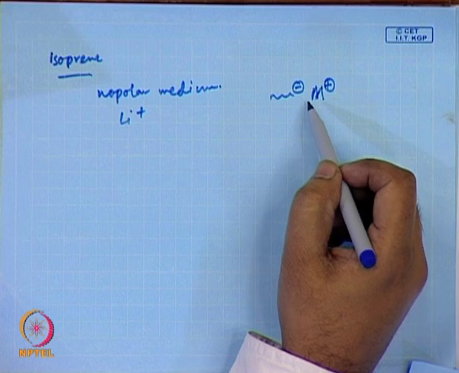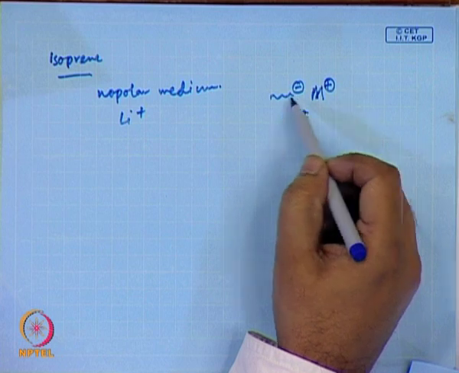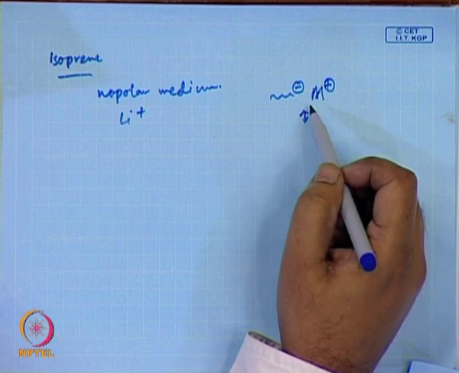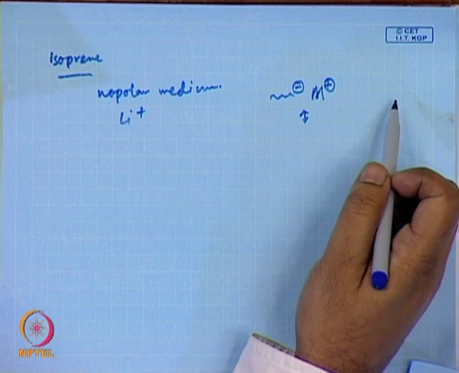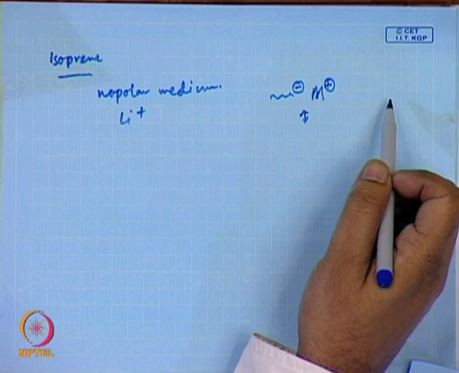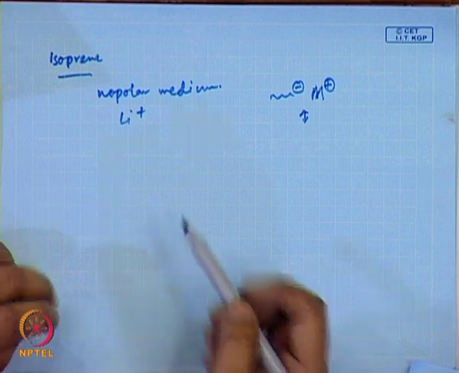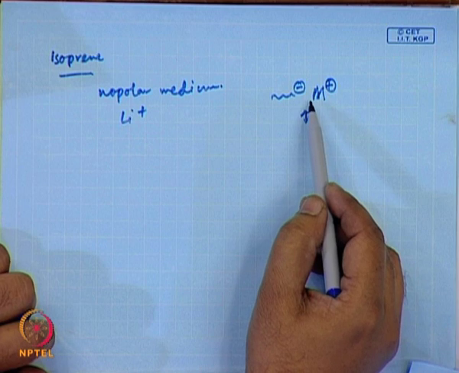Now, they can exist in different states. If the polarity of the medium is higher, then they will slowly move from a tight ion covalent bonding to tight ion pair, then to free ion pair. If the polarity of the medium is lower, then they will become closer and closer. If you are in a non-polar medium, they will become a very tight ion pair.